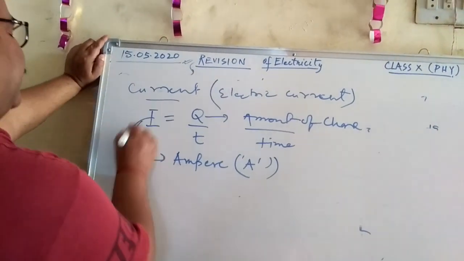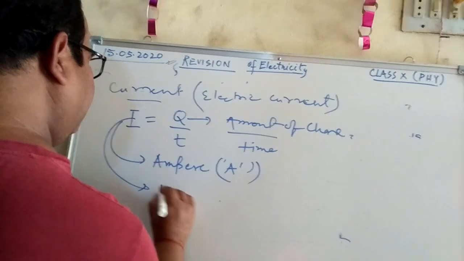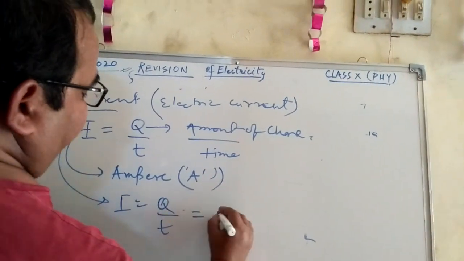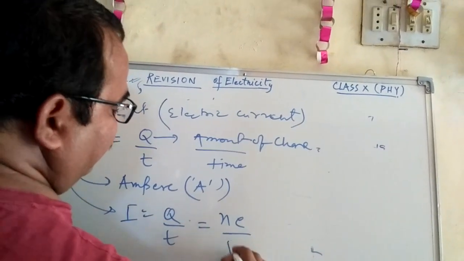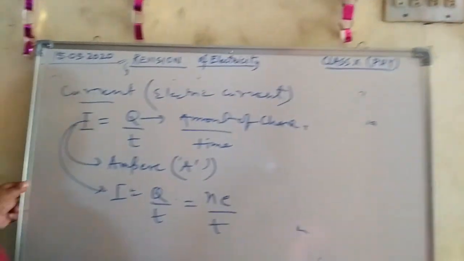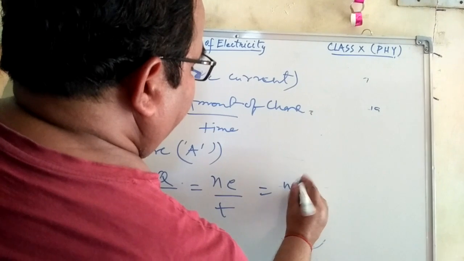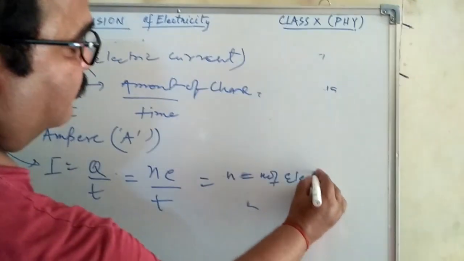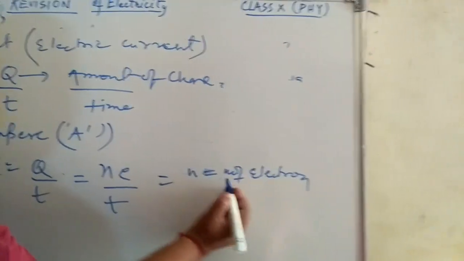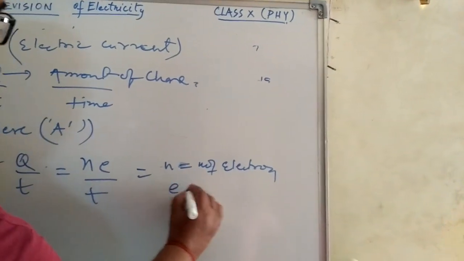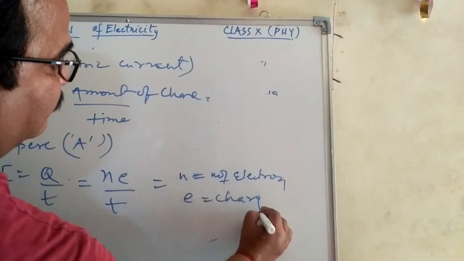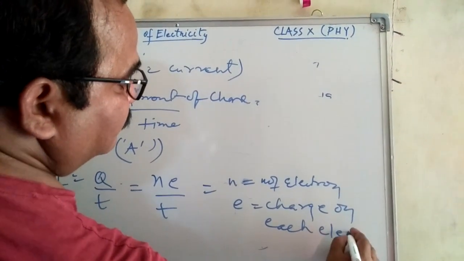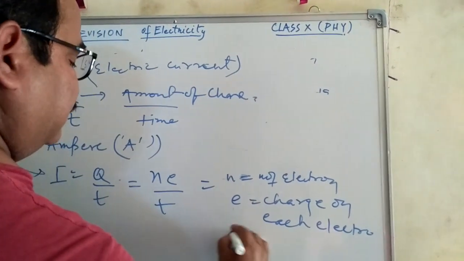We can also transpose the formula I is equal to Q by T, putting N e in place of Q, so I is equal to N e by T, where N is the number of electrons, e is the charge on each electron, and T is the time.